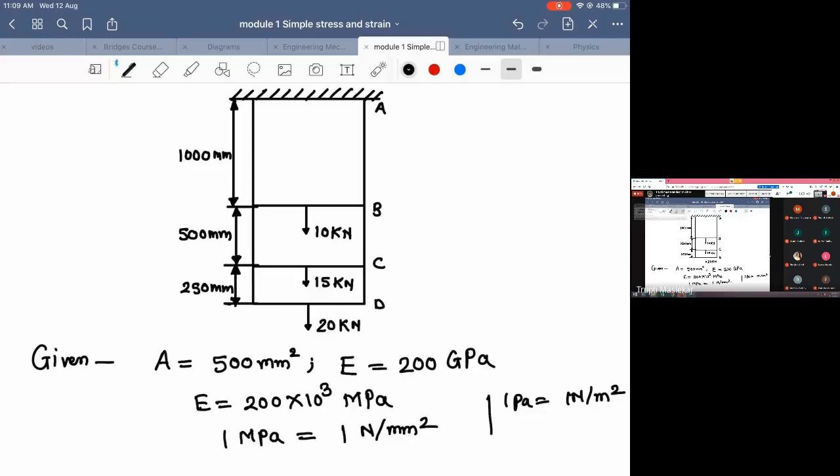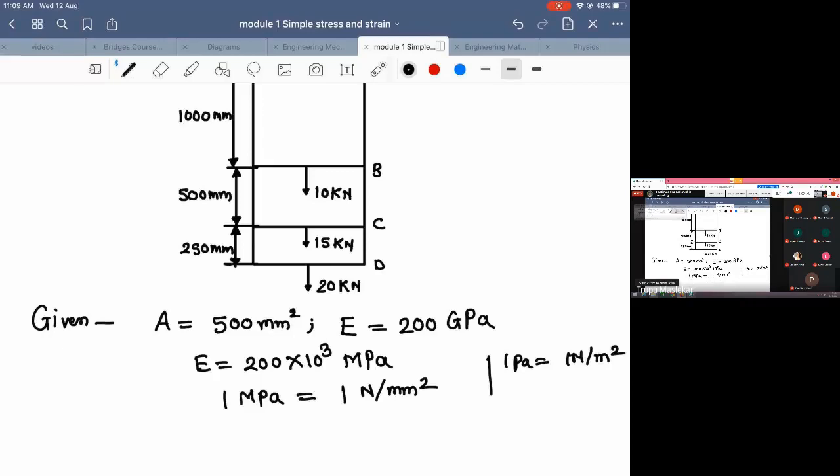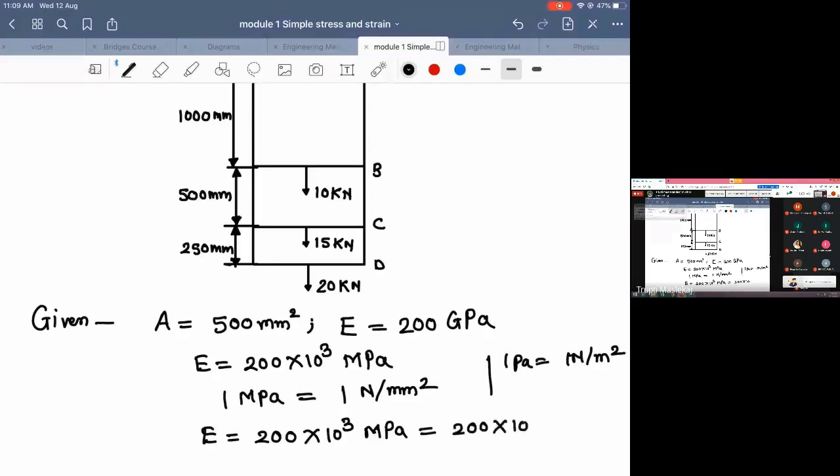So you should remember this only. Therefore, I converted E, which is given in GPa, into MPa. Finally, E is equal to 200 into 10 to the power 3 MPa, which is nothing but 200 into 10 to the power 3 Newton per mm square.